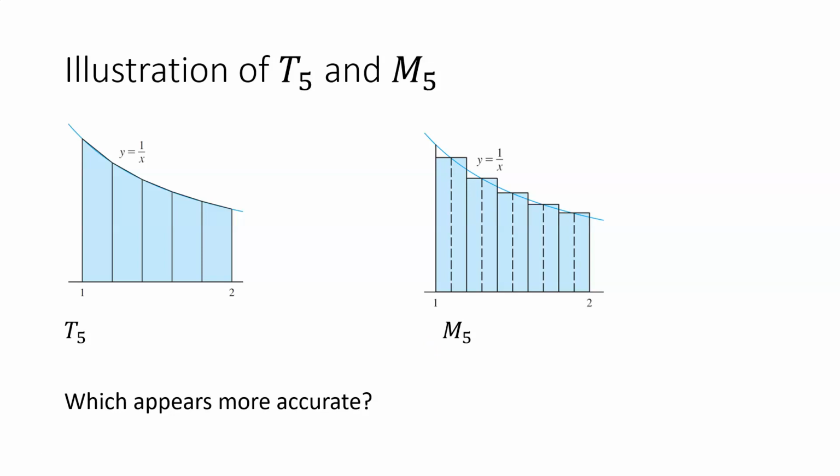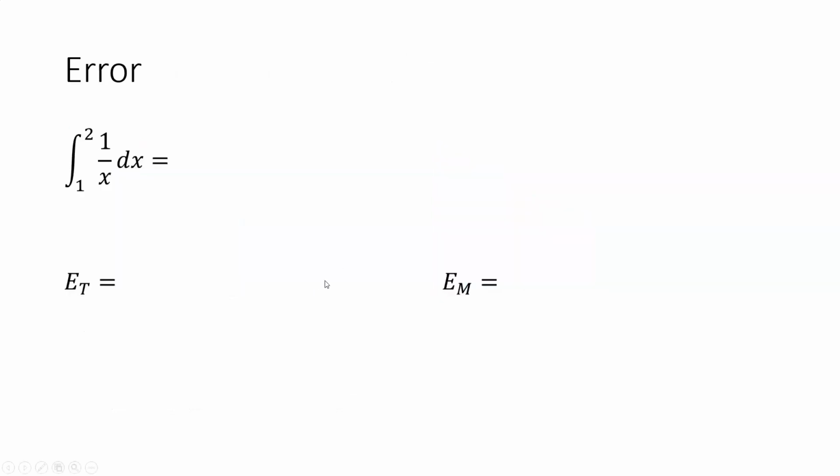So let's actually see how big of an error we get when we do this approximation. To get the actual value of the integral, let's work it out. This one we can work out using what we know about the integral of 1 over x. Remember, that's ln of x, and then we'll evaluate that from 1 to 2.